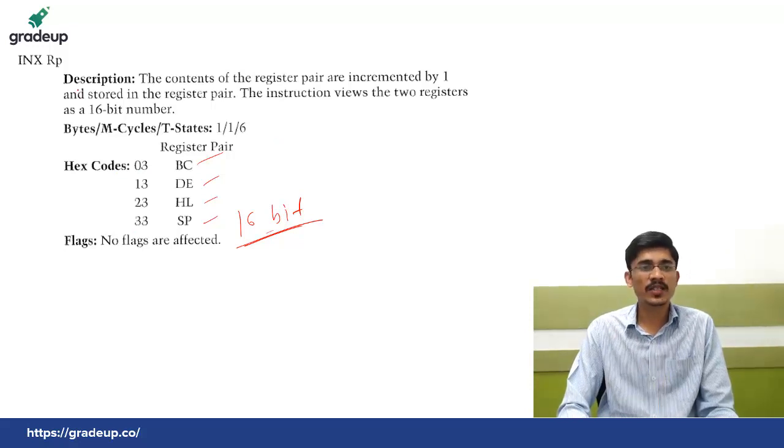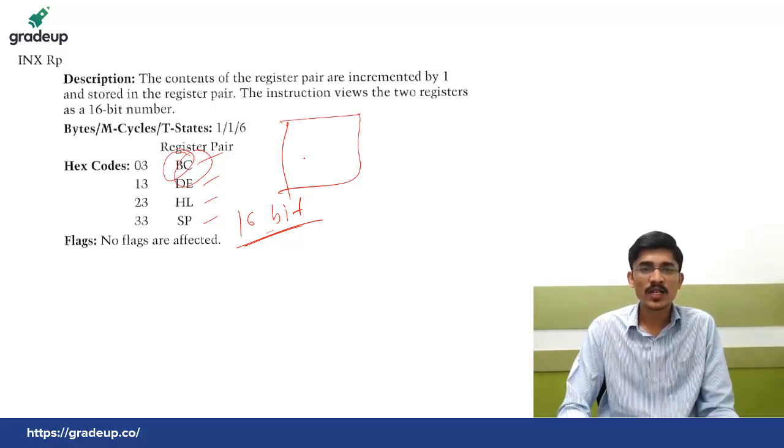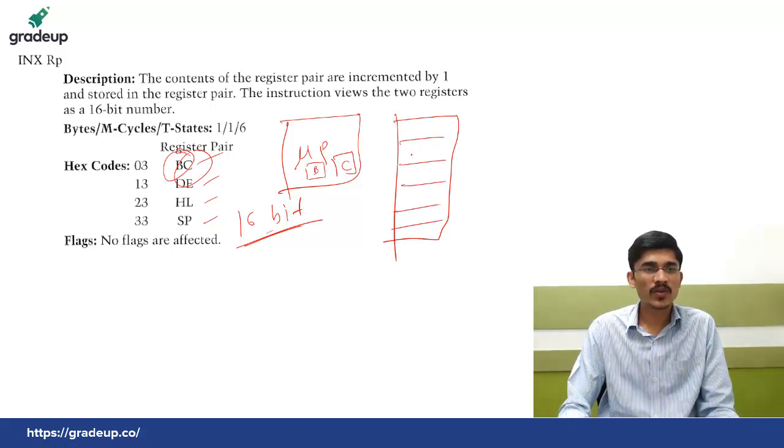But remember what is happening here. In the microprocessor, B is there, C is there, and here you are doing the opcode fetch. Suppose the instruction is INX B. Whenever X is there, it will require 6 states.